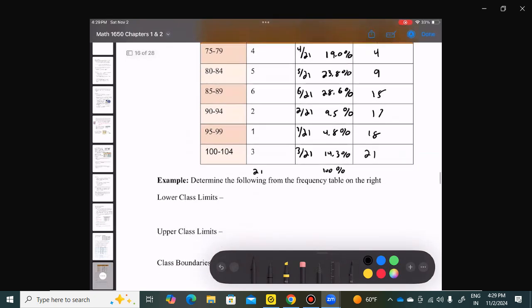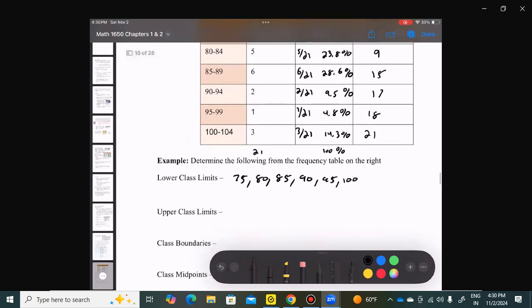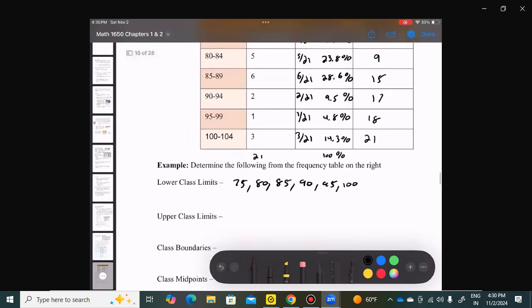Okay, so now let's look at lowest class limits. 75, 80, 85, 90, 95, 100. Upper class limits start with 79, 84, 89, 94, 99, 104.